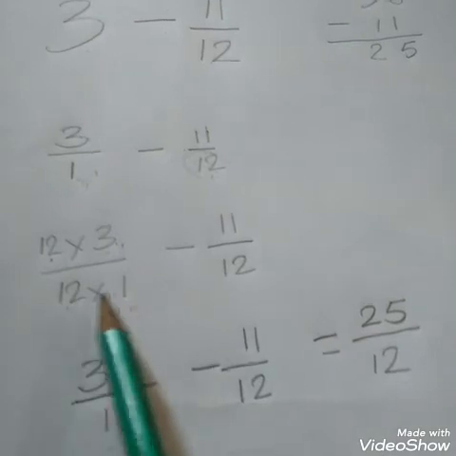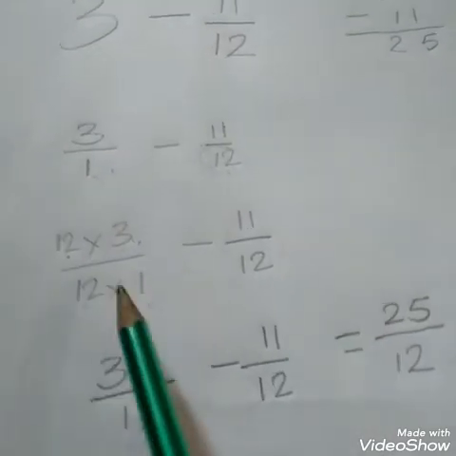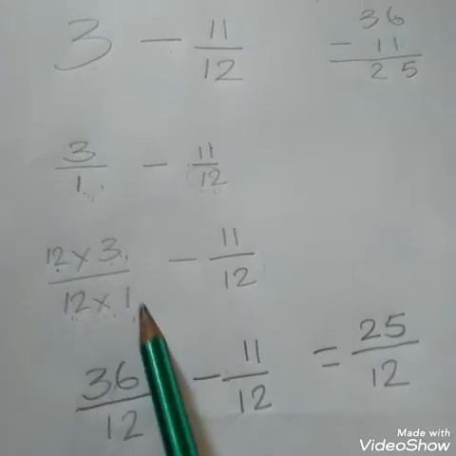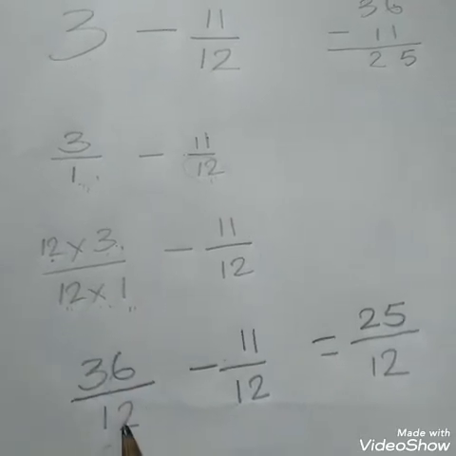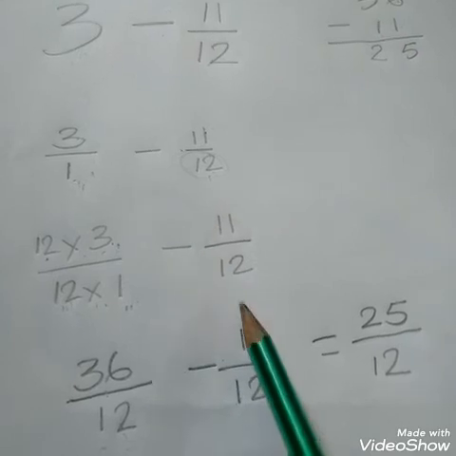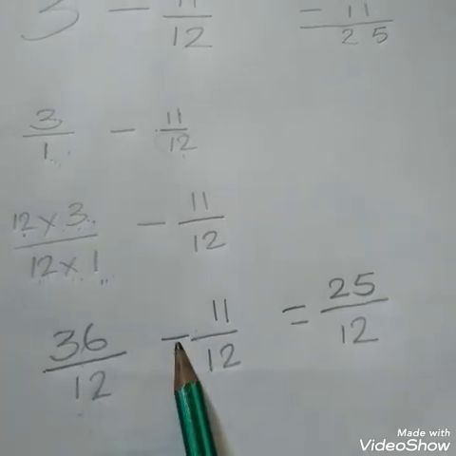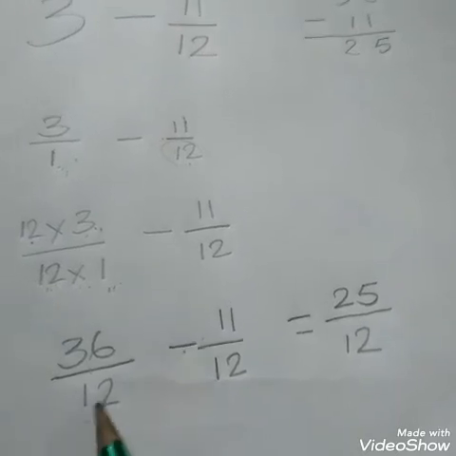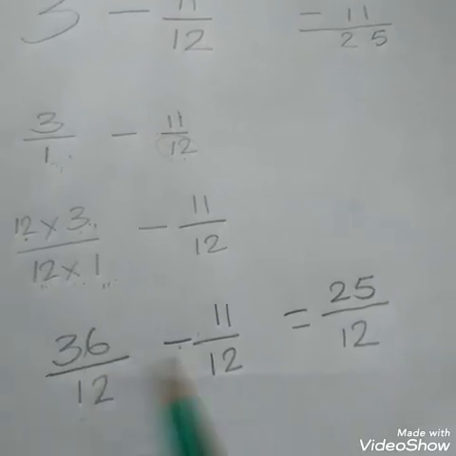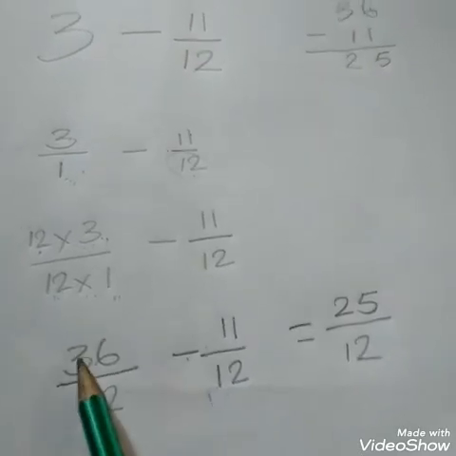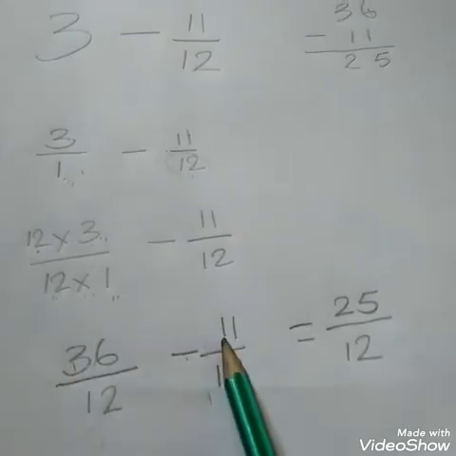Then the next step is to do your multiplication. So we say 12 times 3 is 36. 12 times 1 is 12. Alright? And we always write back the fraction. Good? Put in our subtraction sign. Then we're going to now subtract because we have a common denominator. So we say 36 things and we gave away 11.